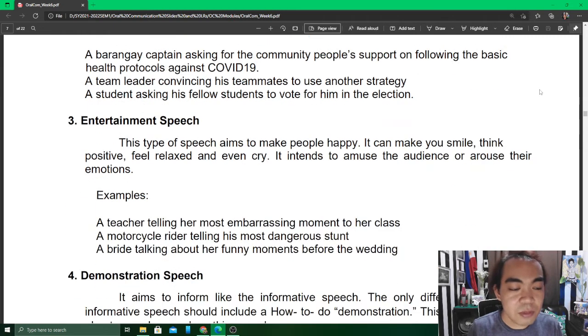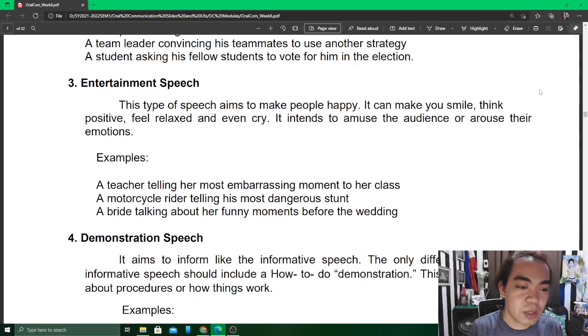Next, we have number 3, entertainment speech. This type of speech aims to make people happy. Comedy, entertainment; that is the purpose of entertainment speech. Sometimes it's not really to make you laugh.